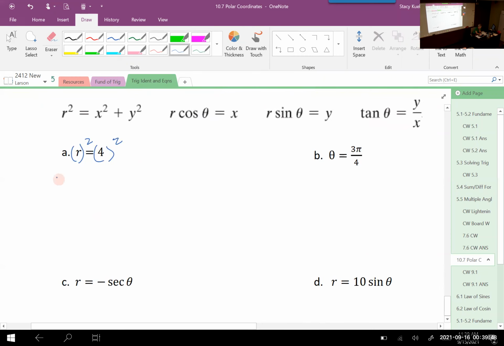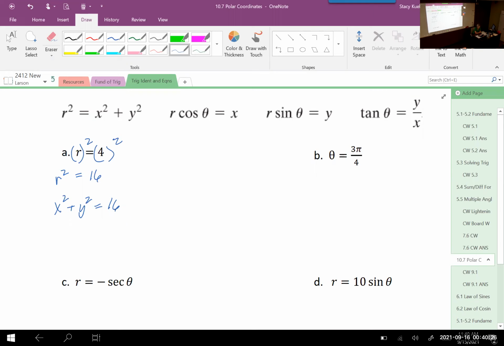When I square that, I end up with r squared is equal to 16. And I know that r squared is equal to x squared plus y squared, which is equal to 16. And I'm done. That's it, right? I took the original and wrote it in terms of x's and y's. That one was pretty simple, but you had to square both sides to get it into the r squared form.